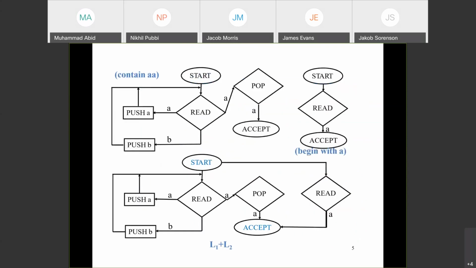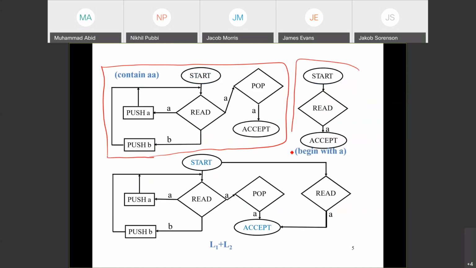So now if you see this, these are two machines. This is our one machine, and this is our second machine. What we did was combine the start states of this one and this one together. Look at this.